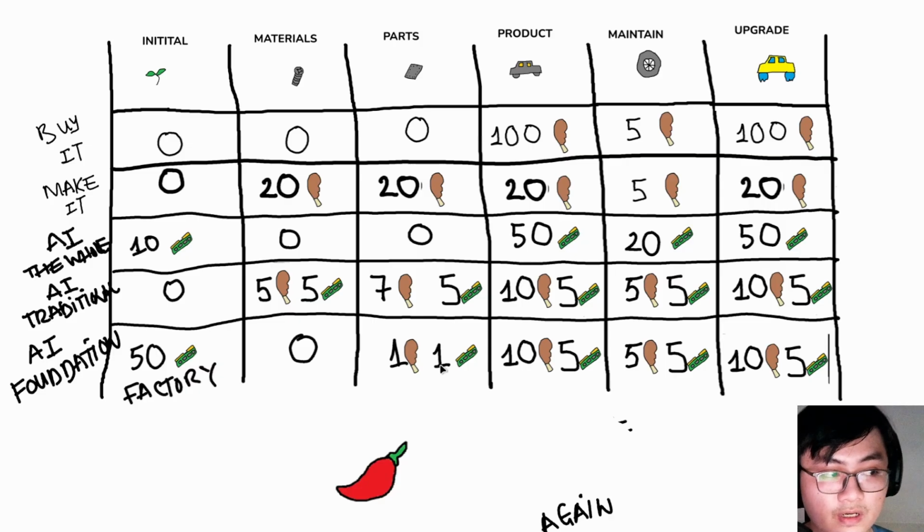And for the AI the whole, in the product, we need to form it again and again to fit on the box. So I think right here the unreal power should be also 50 maybe.